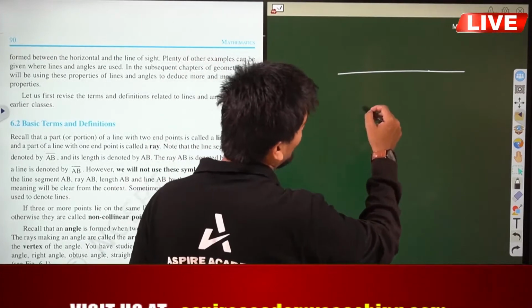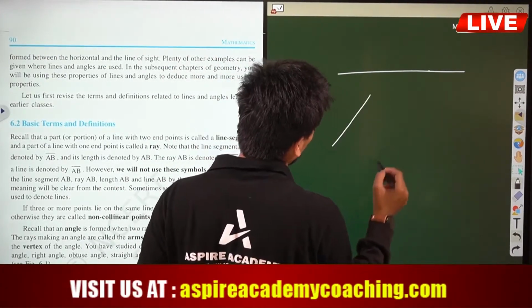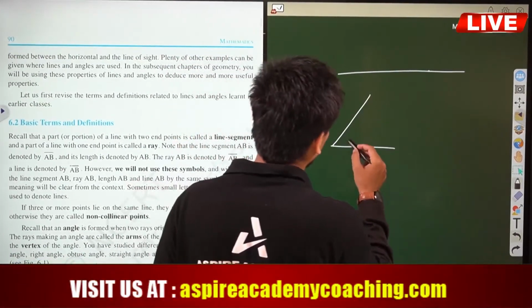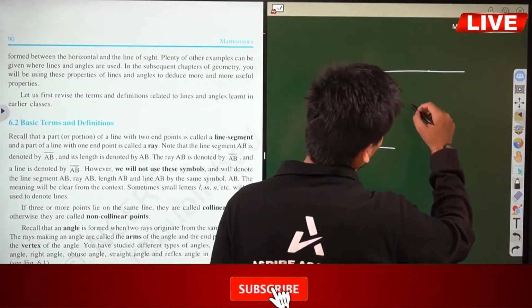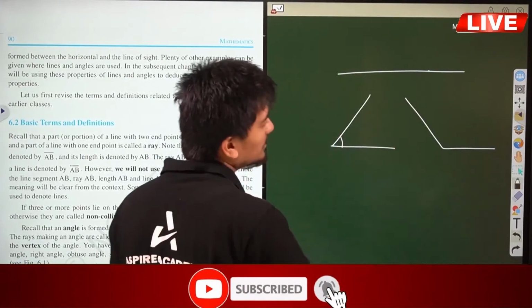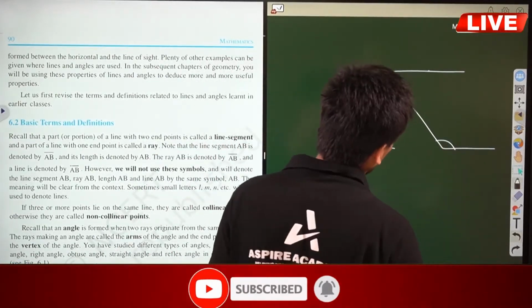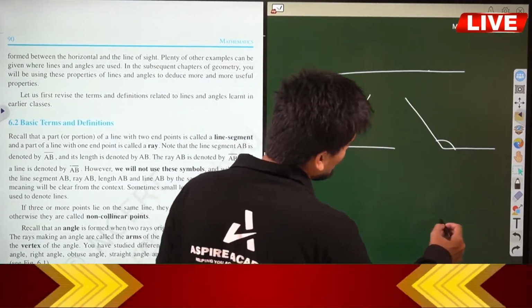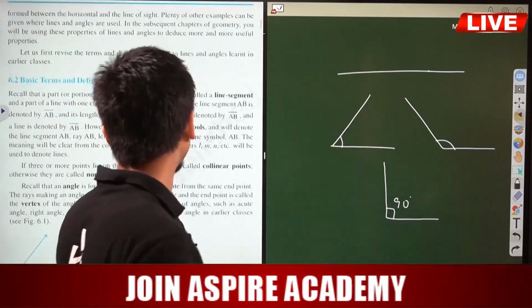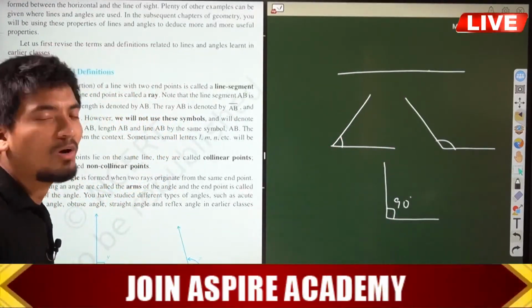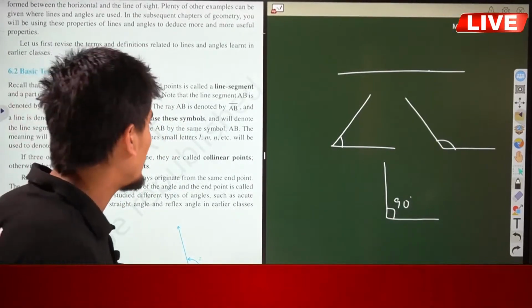And you all have read about the acute angle. So this is an acute angle, right? And also you have learnt about the obtuse angle, right? Then you have learnt about the right angle, which is 90 degrees, right? All these things you all have learnt in the previous classes.